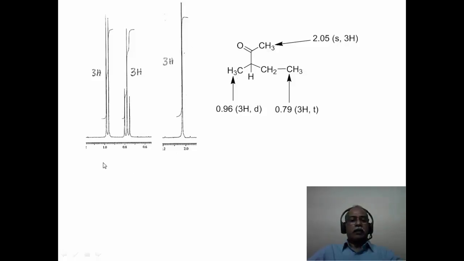So that methyl comes as a doublet around 0.96 ppm. This corresponds to a 3 hydrogen intensity. And this CH3 will be split into a triplet, and that triplet is very clearly seen around 0.79 ppm or so. Finally, this singlet we have already seen appears as a singlet because there are no coupling partners associated with it.